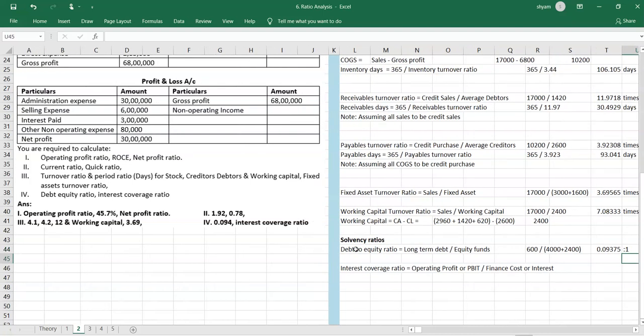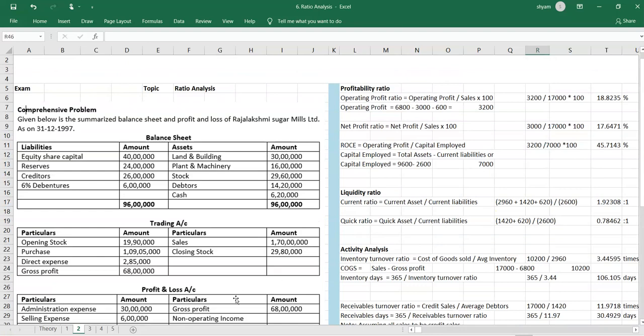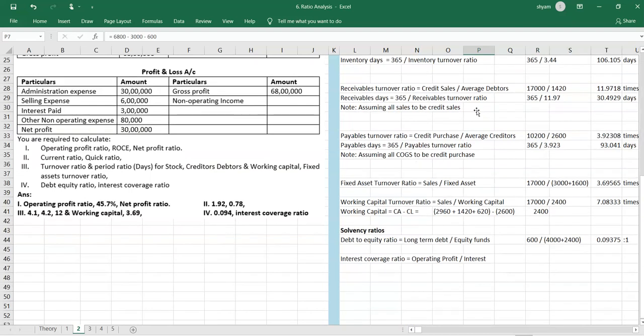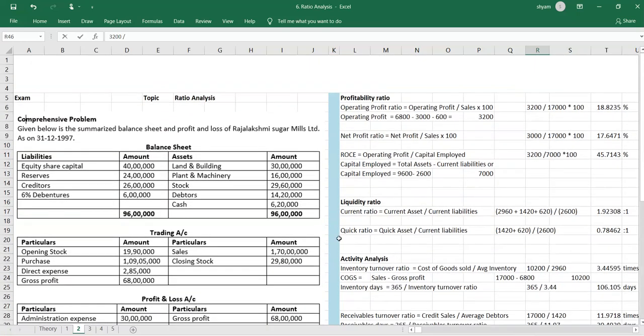And finally, we can find out the interest coverage ratio. So it is operating profit divided by finance or interest. So I think we'll take interest. First, we'll get the operating profit. Operating profit is 3200 divided by interest.